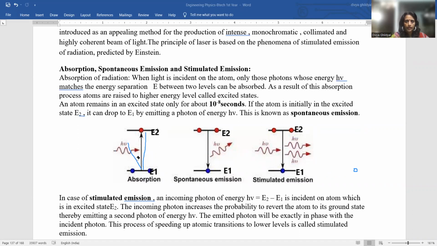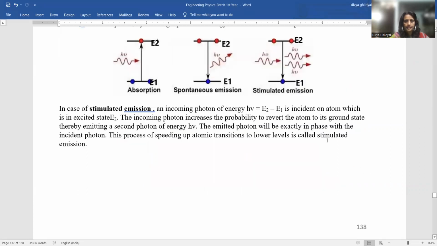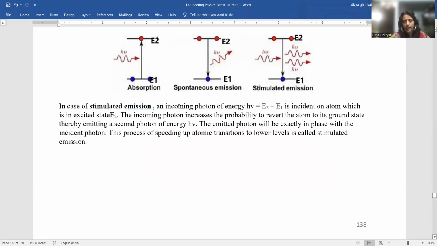How? Now you are getting familiar with the word stimulated. That is, in stimulated emission, an incoming photon whose energy as per Einstein's energy equation becomes equal to del E, is h mu, is incident on an atom which will be excited to state E2.